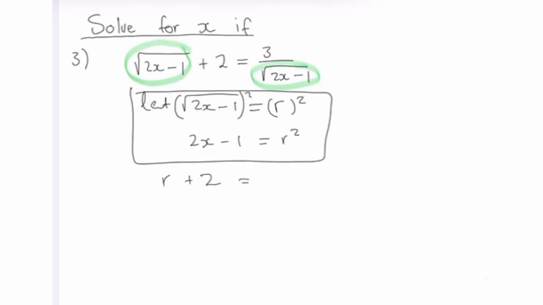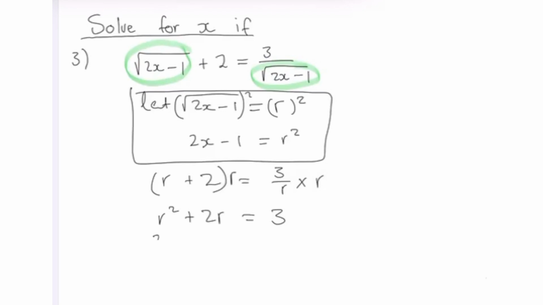R plus 2 equals 3 over R. Our aim now is to solve for R. We multiply both sides by R. You get R squared plus 2R equals 3. Now, at this step, you can replace back your R and R squared.